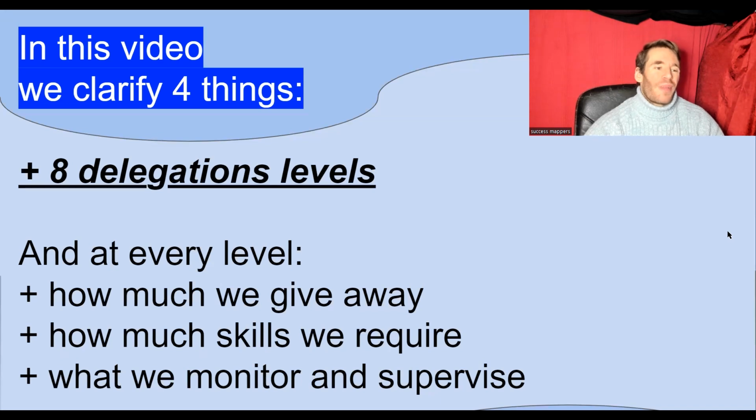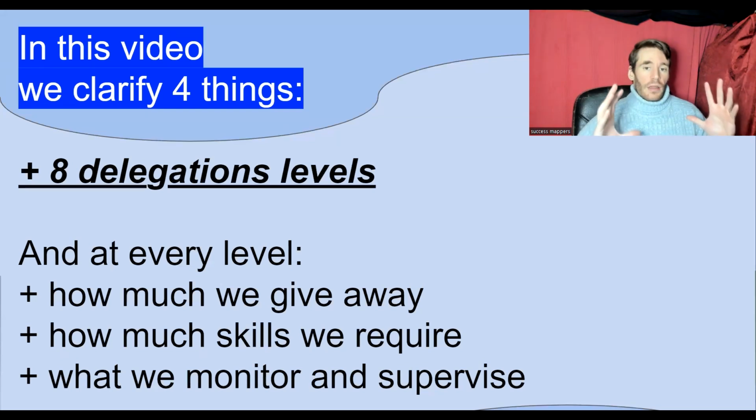In this video, basically we'll clarify 4 things. I'm repeating myself because this is the starting point that you need to understand. We are clarifying the 8 delegation levels that we defined.